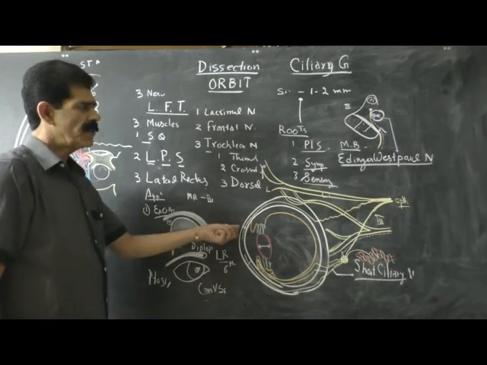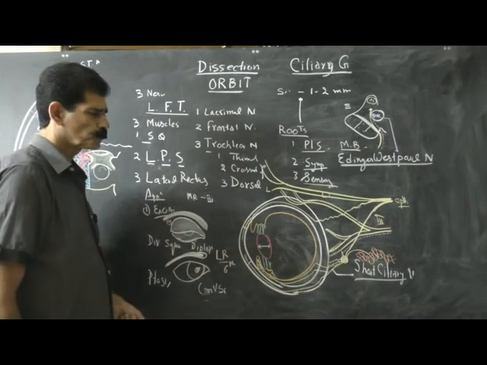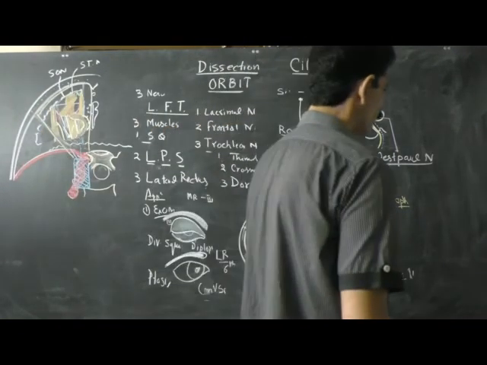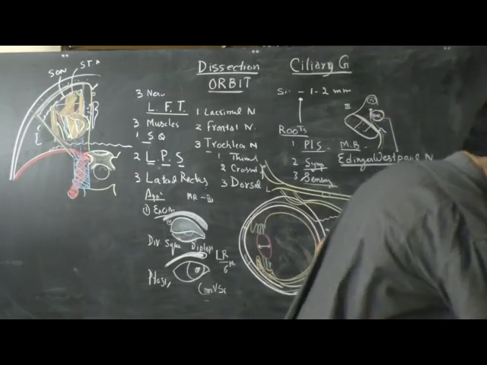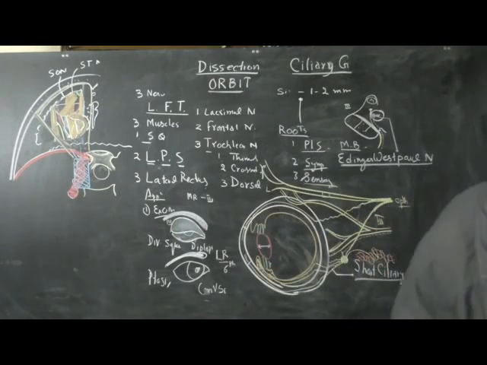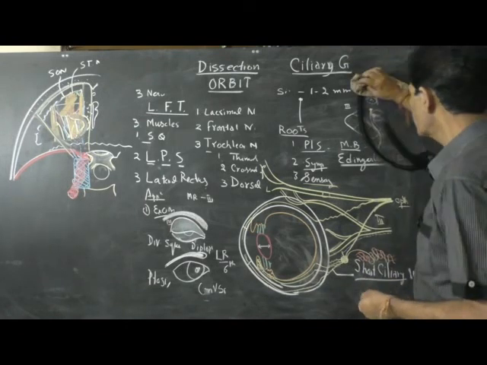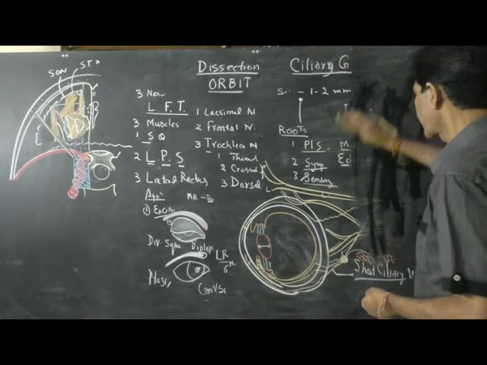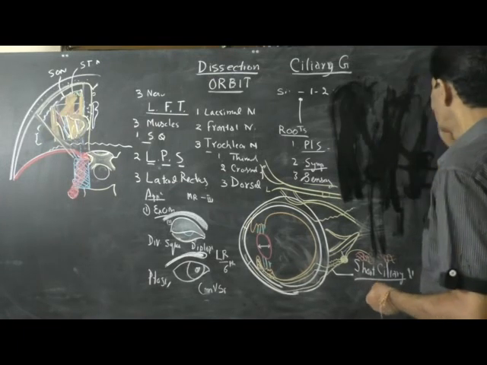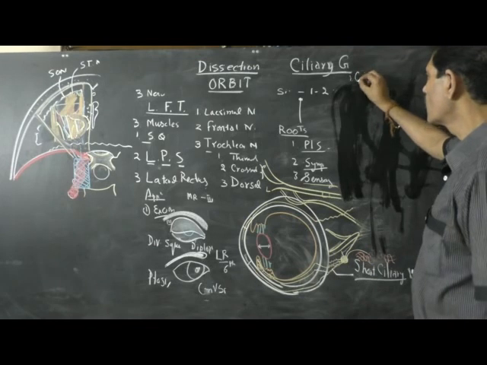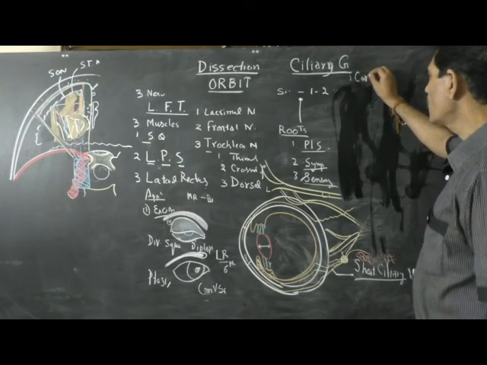Then damage to the ciliary ganglion leads to problems for the patient. So injury to the small ganglion, that is the ciliary ganglion, what problem can a person have? First, there will be loss of the corneal reflex.